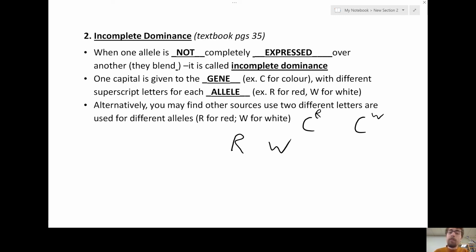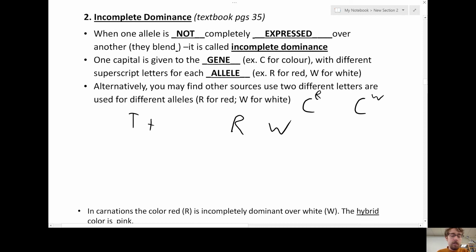This is why it was really important for you during your Skittles lab not to mix colors up with your Skittles. When you're looking at simple dominance, you always want to keep your traits as an uppercase letter and a lowercase letter, so you don't mix it up with incomplete dominance or codominance.